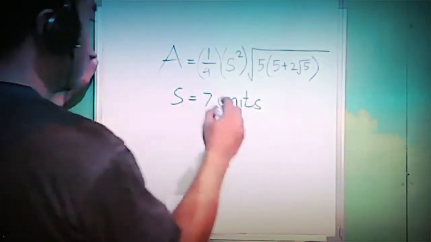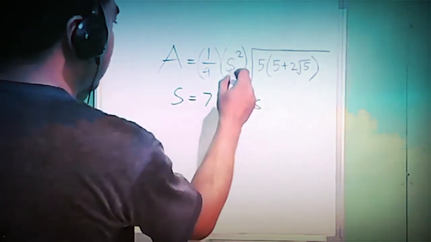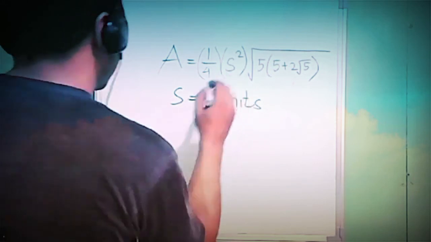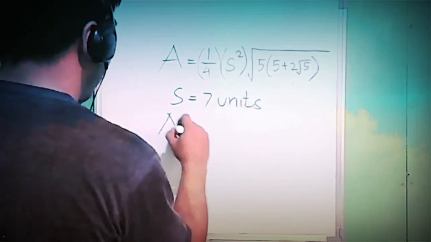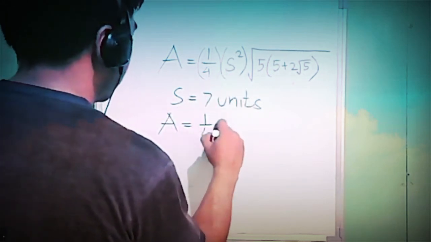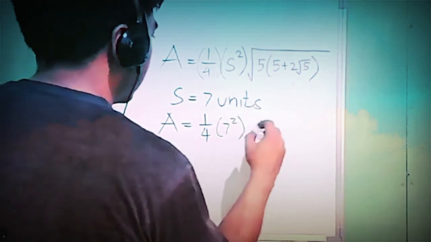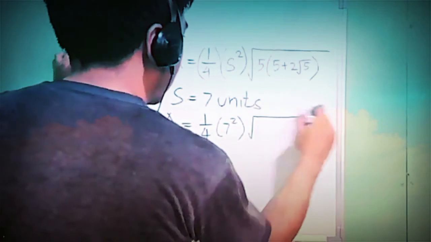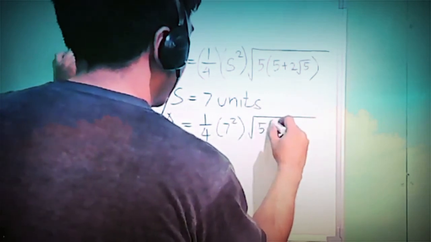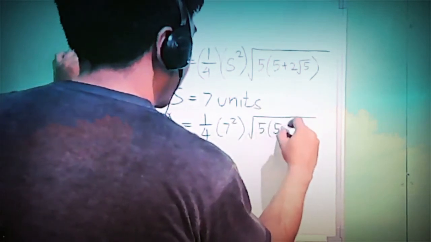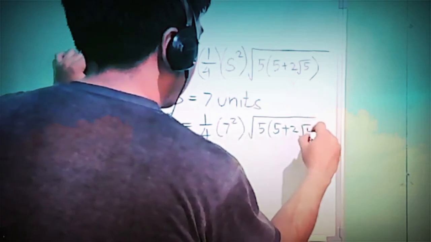Let's substitute this in the formula. A equals 1/4, then 7 squared, and then the square root of 5 times 5 plus 2 square root of 5.